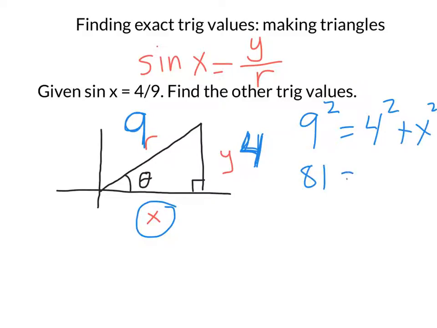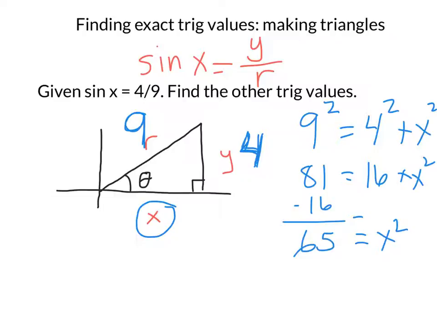Let's see, some quick little subtraction here. 81 minus 16 is 65, I'm hoping. Yep, 65 looks good. So this side is going to be the square root of 65 units long.